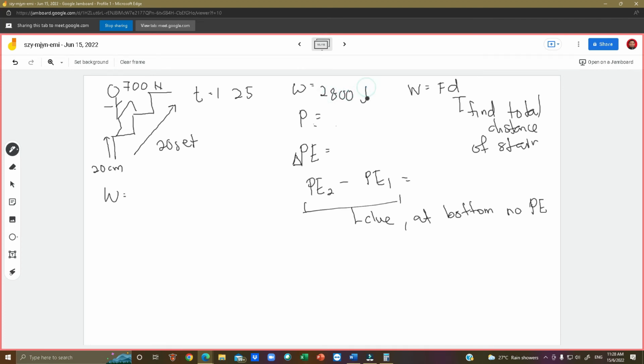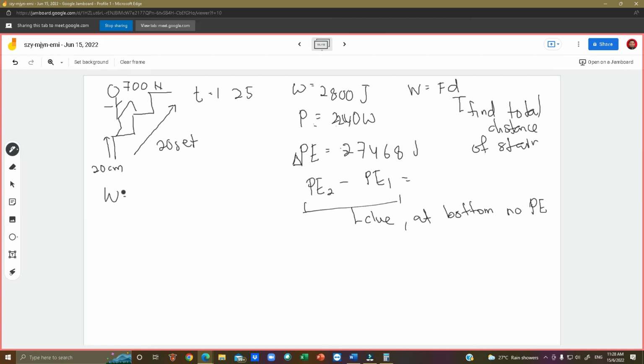Power? 2,800 bagi 1.25. 2,240 watt. Okay, and then change of PE? Change of PE sama dengan PE kan sir sebab kosong. Berapa dapat? 27,468 Joule. Salah. Saya tulis dulu 274 berapa? 68. Weh, banyak 27468 juga.